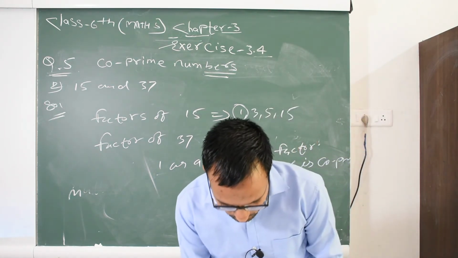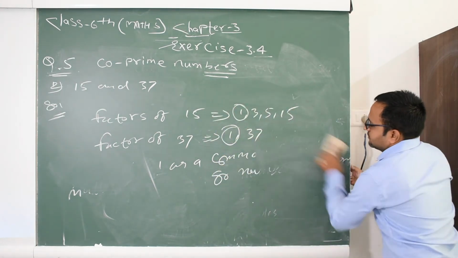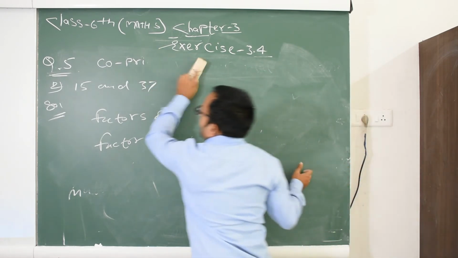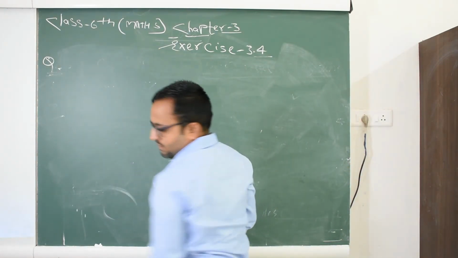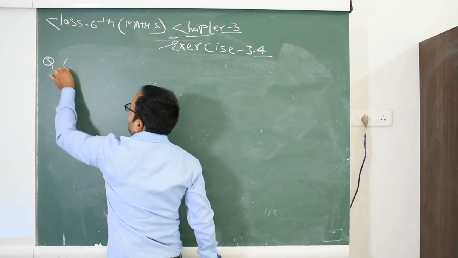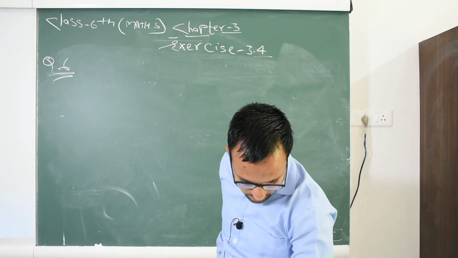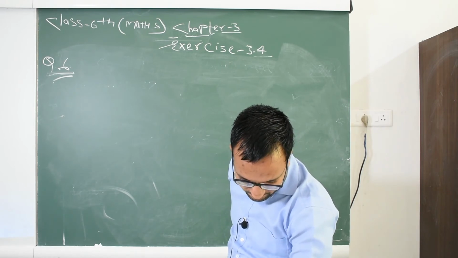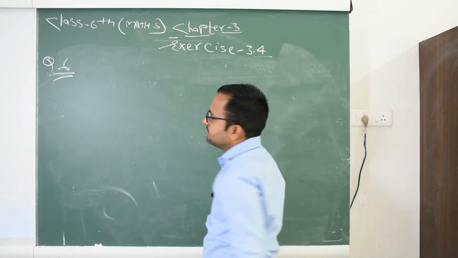Now question number 6. A number is divisible by 5 and 12. By which other number will that number always be divisible?